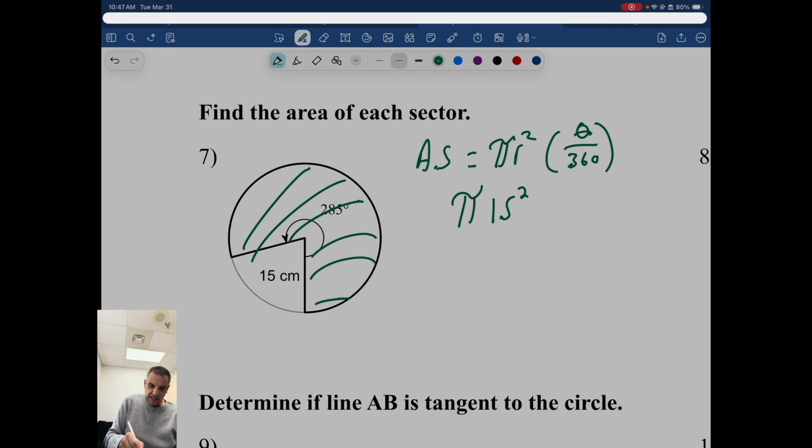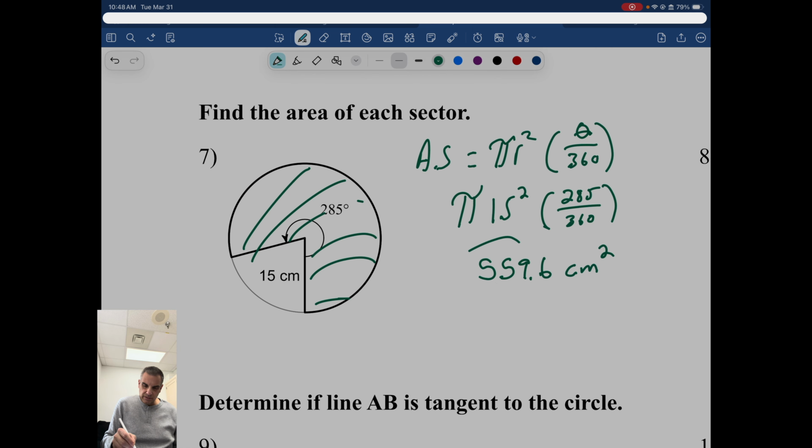So it's pi times 15 squared times theta, which I covered up there, 285 over 360. So pi times 15 squared times 285 divided by 360, 559.6 centimeters squared.